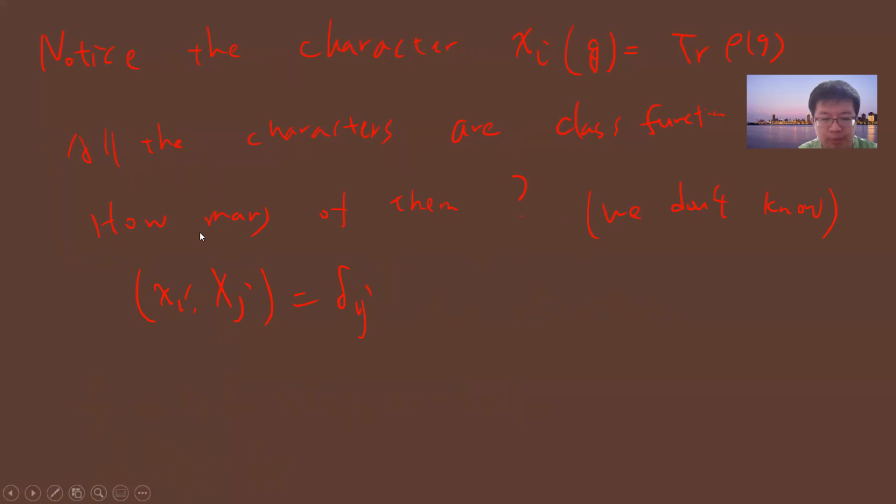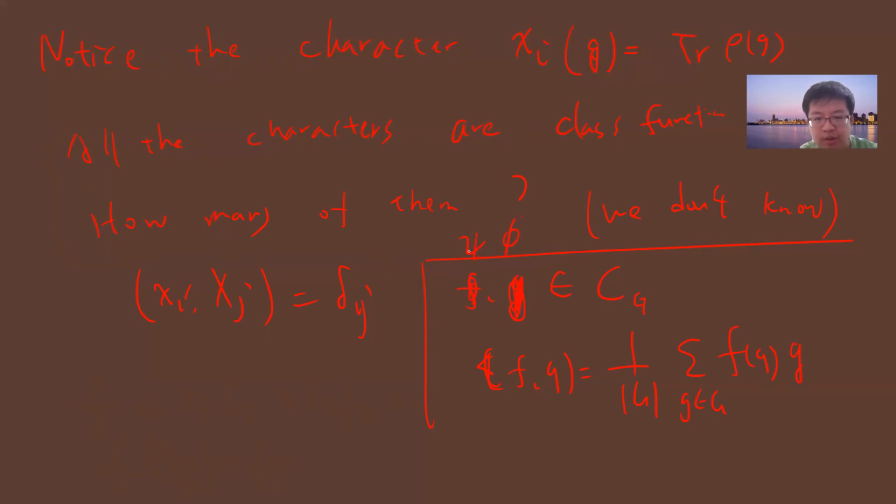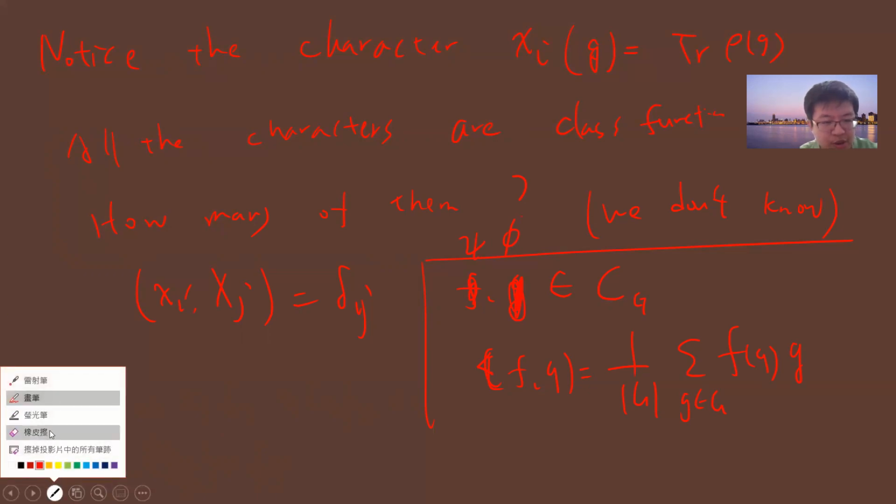Let me quickly define that. Given two class functions, one can define an inner product. Let's say the inner product of psi and phi is defined to be 1 over |G| times the summation over g in G of psi of g times the complex conjugate of phi of g. Sorry, I used phi and psi, bad notation.